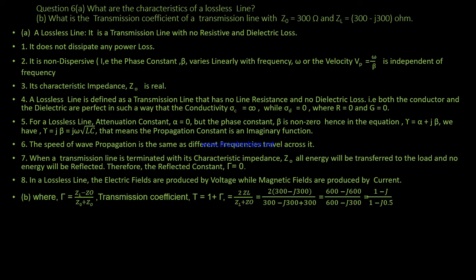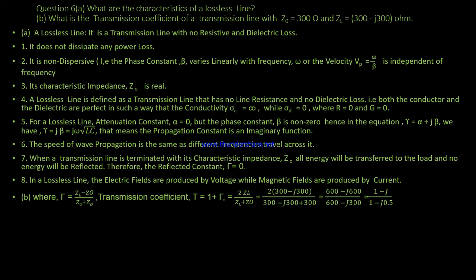Now, the B part of the question says we have Z0 to be 300 ohm and the load impedance to be 300 minus J300 ohm. Now, we want to calculate the transmission coefficient. Transmission coefficient is 1 plus the reflection coefficient.